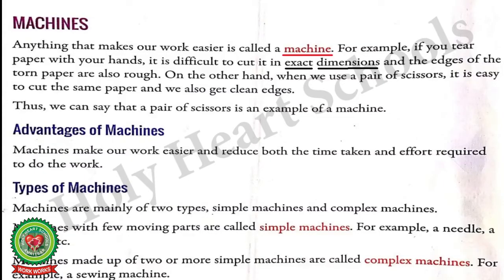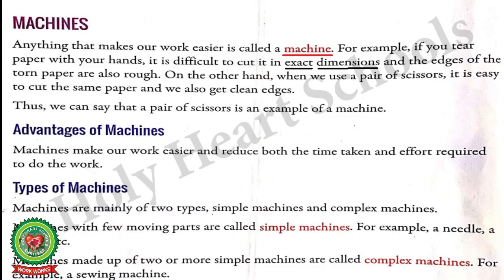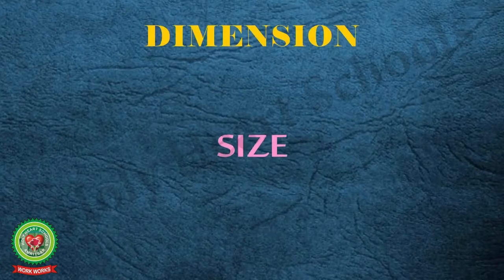To understand this definition, let's take an example. If we tear paper with our hands, it is difficult to cut it in exact dimensions, and the edges of the torn paper are also rough. Underline the word exact and write down its meaning: accurate. Underline the word dimensions and write down its meaning: size.